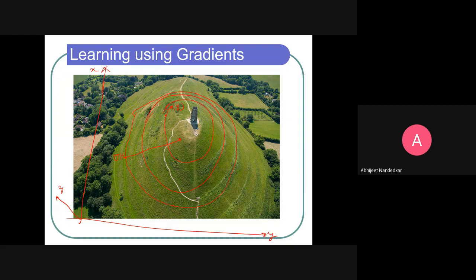Where is the steepest path from this location? If you stand somewhere here and take the gradient, it will show you this path. So the gradient of a scalar will always point towards the maxima of that scalar quantity.